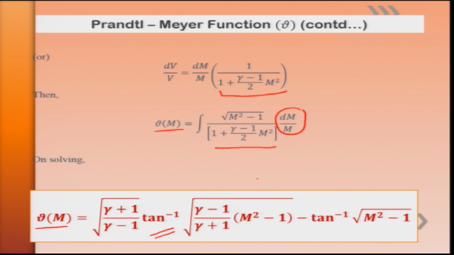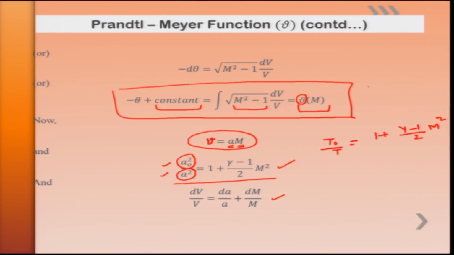And hence what we obtained here, that finally the nu of M to obtain at any place, which is minus theta plus constant, I can write down using this expression.